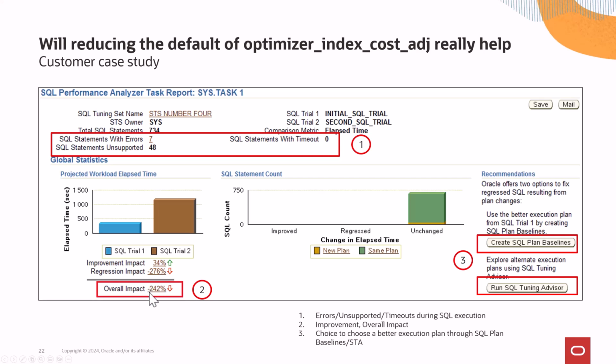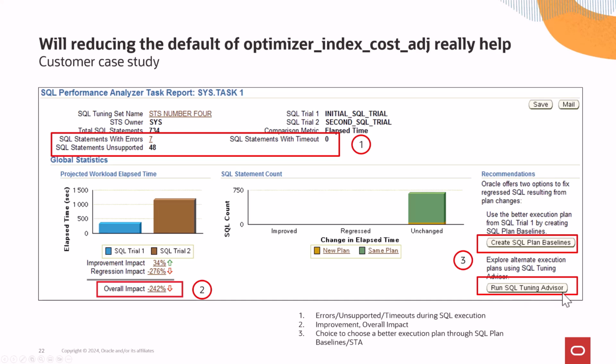If there are any plan changes, you can see that here, and right now it's unchanged, like there is the same plan. But it also gives us some recommendations, as we see here, where it says create SQL plan baseline, and next it also talks about SQL Tuning Advisor.